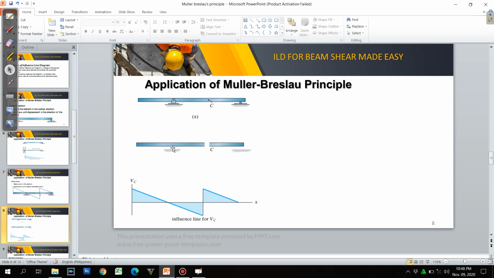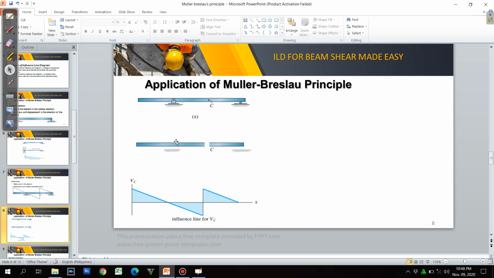And take note of the location of your pin connection and the roller support here. So just imagine that if you're going to push this up, the right portion, what will be the behavior of the beam? Of course, there will be a roller here resting on that, so it will still rest on this one.